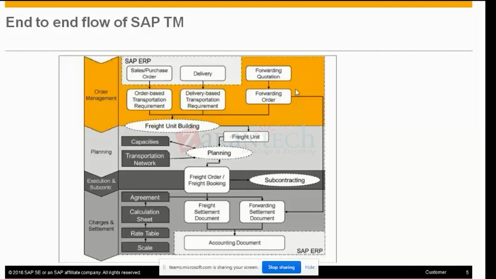Sometimes they are hired by shippers to set up the entire transportation process for different customers. So 3PL and 4PL are at a much higher level compared to a carrier.